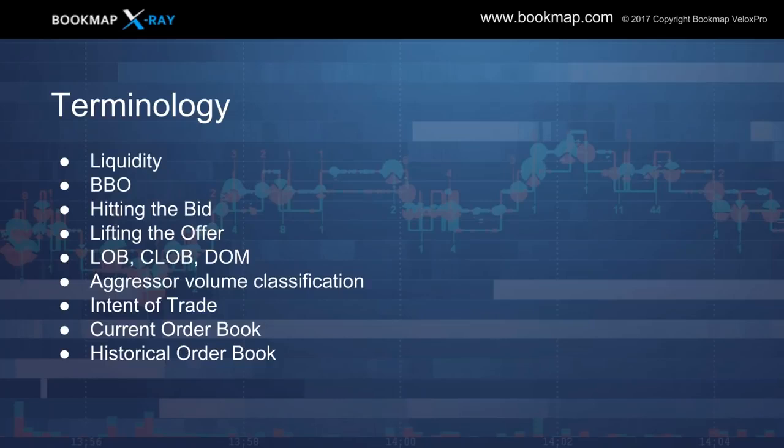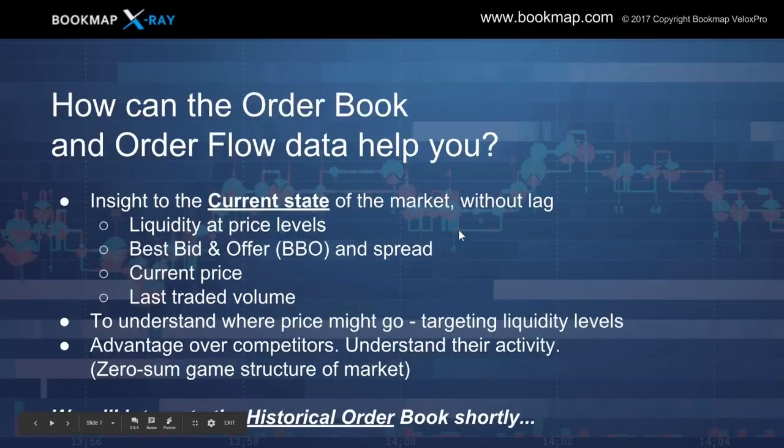Okay. And then we're going to get into the historical limit order book and order flow, which I'll define as we go on, because we record all of this data in that current order book and then extrapolate that and transpose it onto the historical chart.